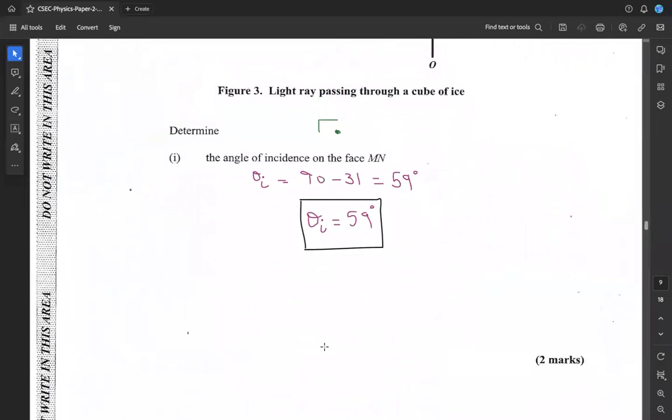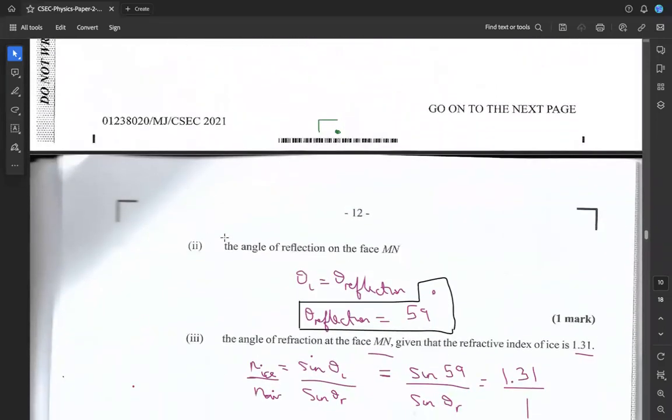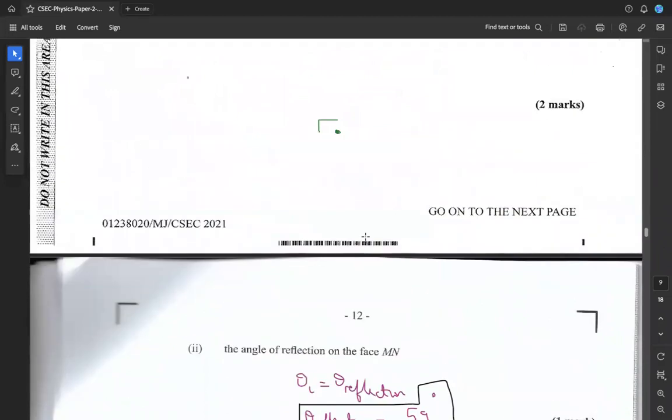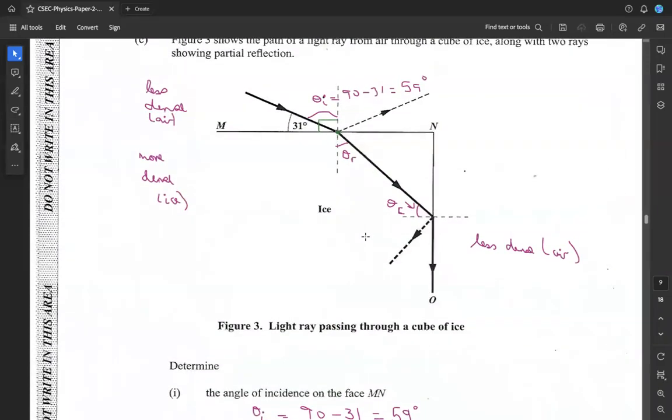We're moving right along. For part 2, they're asking us to calculate the angle of reflection on the face MN. So let's go back up and look at MN and that angle of reflection. The angle of reflection is this one right here. Once this incident ray comes in, it's just going to be reflected back.